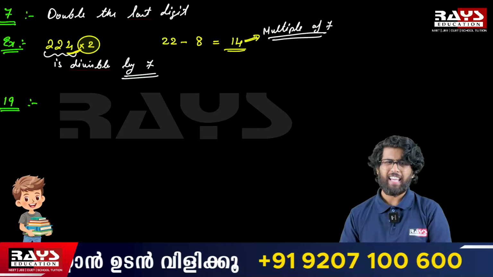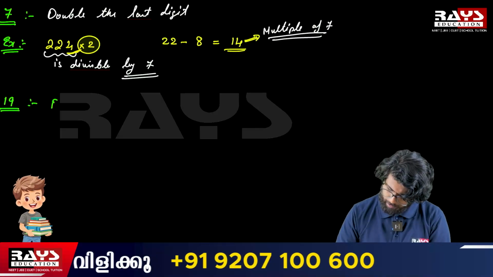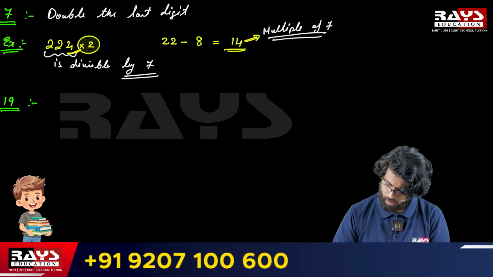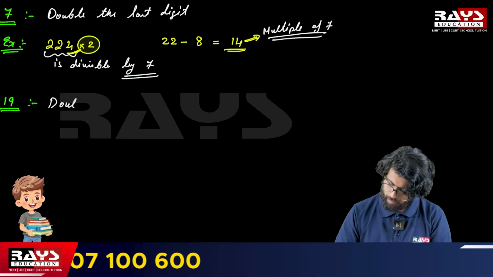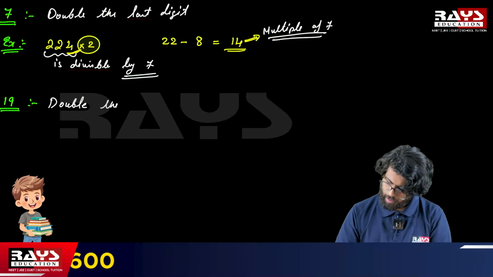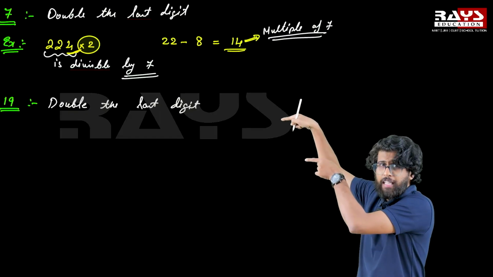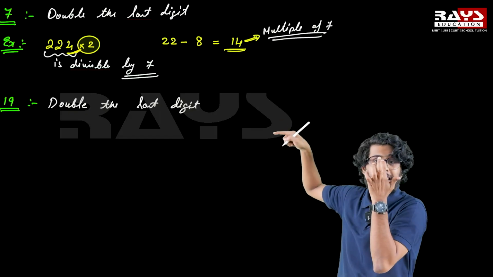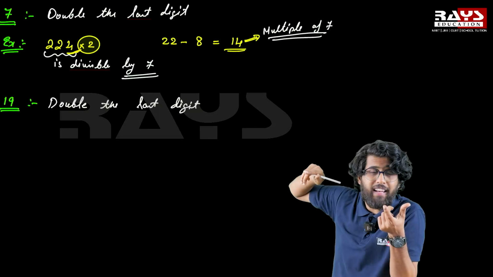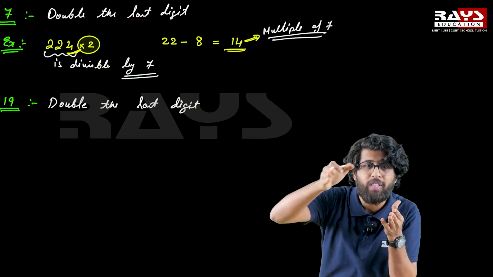So the shortcut is, again, double the last digit. But instead of subtracting, you should add here. So in 7, you doubled the last digit and subtracted from the rest.